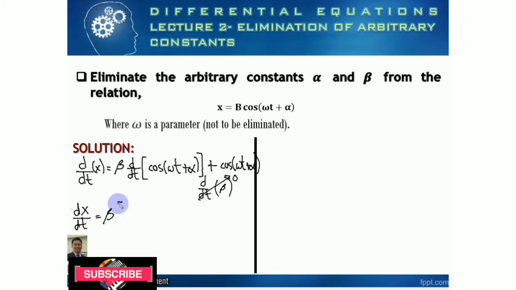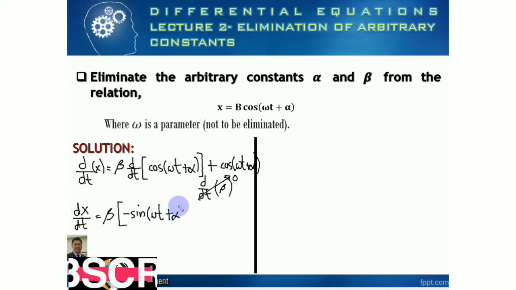So dx over dt is equal to beta times the derivative of cosine, which is the negative sign, also from your calculus. So this is equal to negative sine of omega t plus alpha times the derivative of omega t plus alpha.